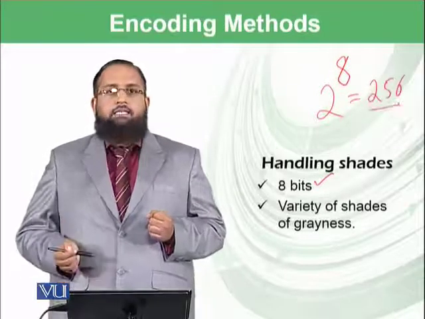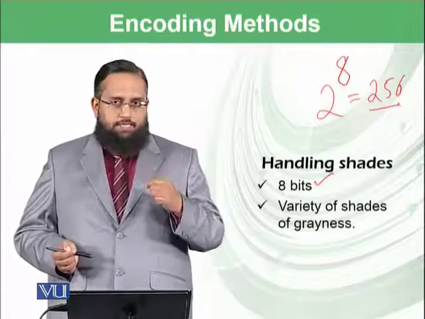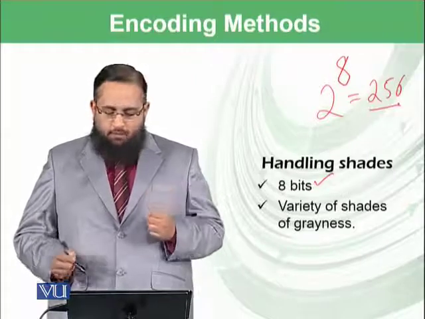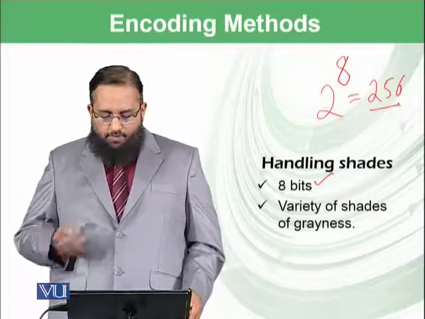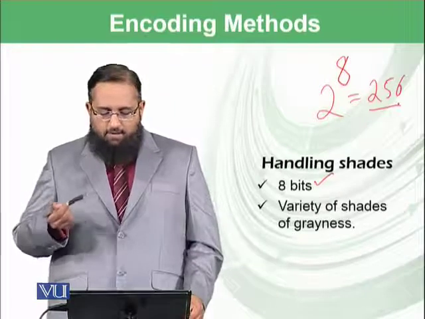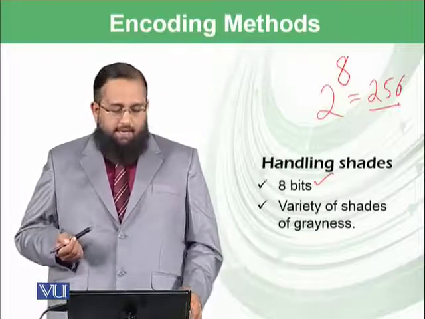So 256 types of shades can be represented with 8 bits. So we could have a variety of shades in the form of grayness.